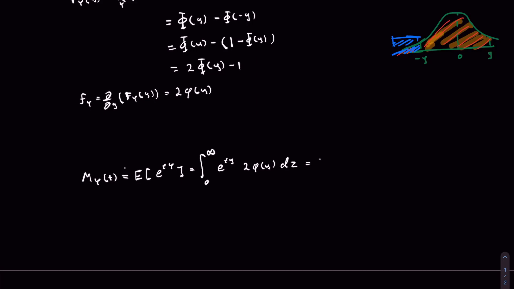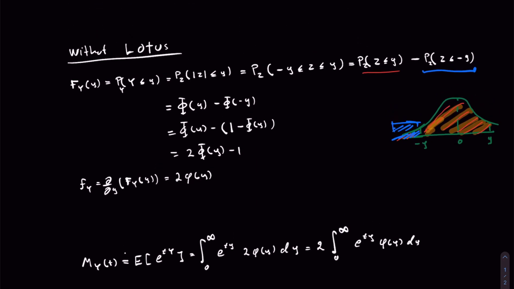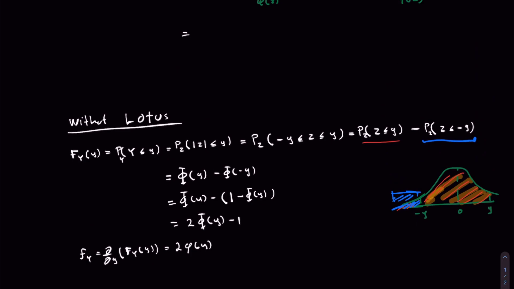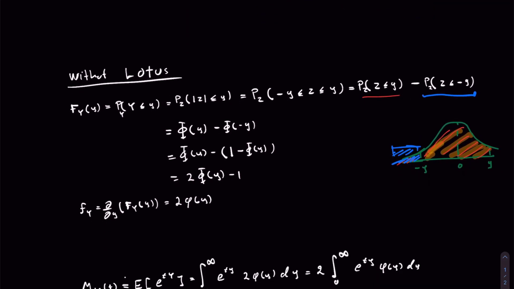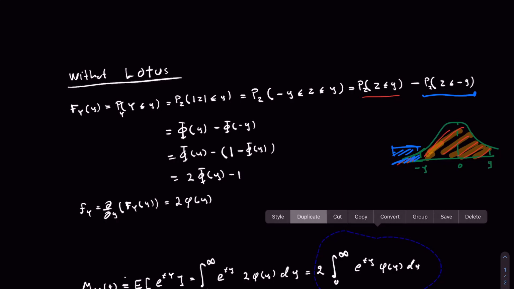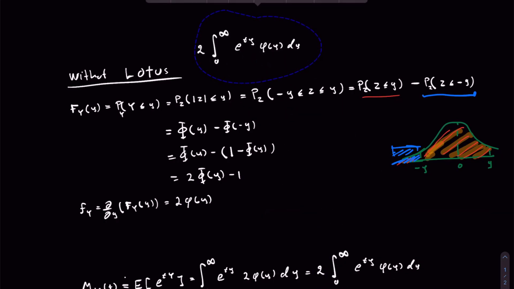So we're going to write this as 2 times the integral from 0 to infinity of e to the t y and the PDF, there should be a y here, sorry about that. Right, we have two pieces, and this is exactly similar to this piece over here. So let me just copy this and see if we can make this equality stick.